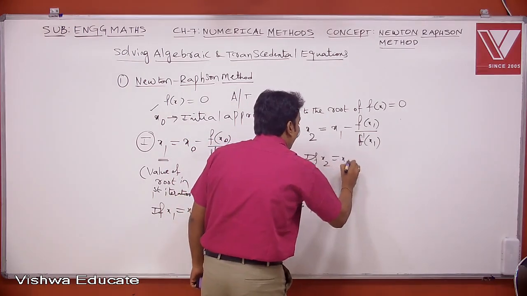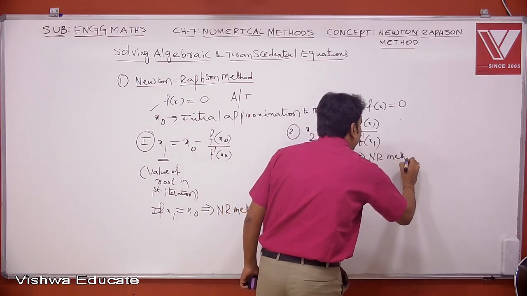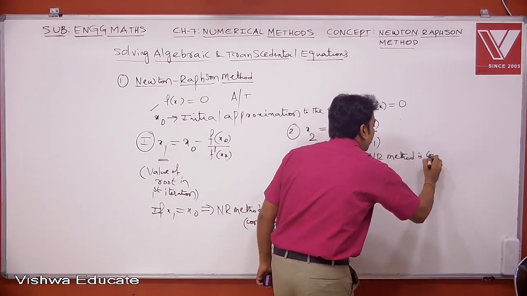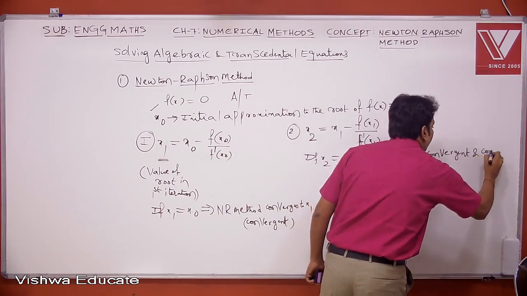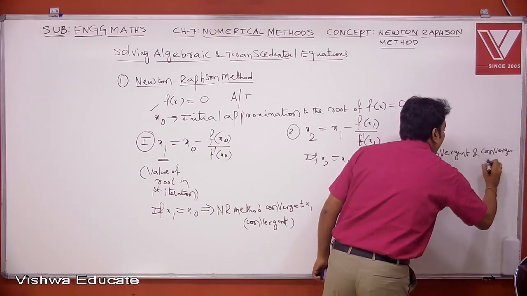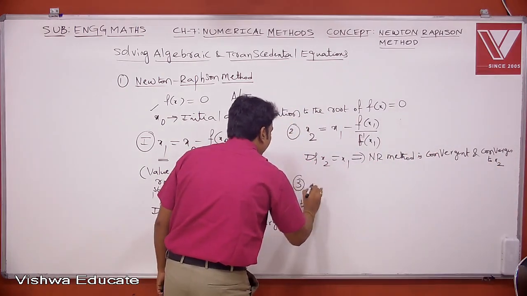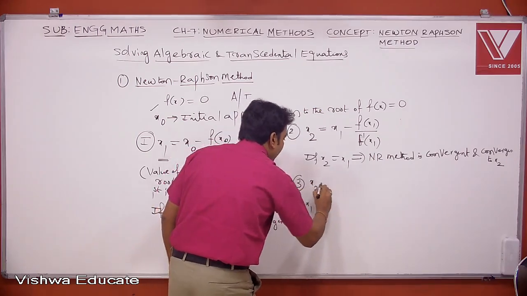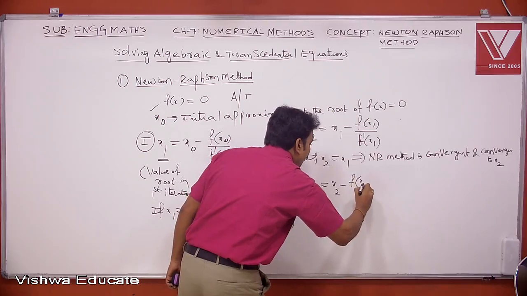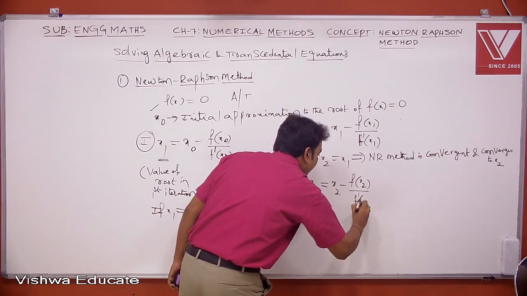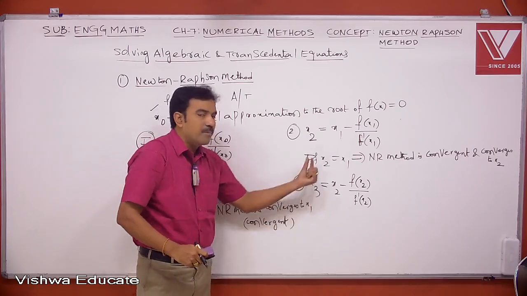If x2 equal to x1, this implies the NR method is convergent and converges to x2. Otherwise, I go for step 3, that is x3, the value of root in the third iteration, given by x2 minus f of x2 divided by f dash of x2. See, always the current value depends on the previous value.